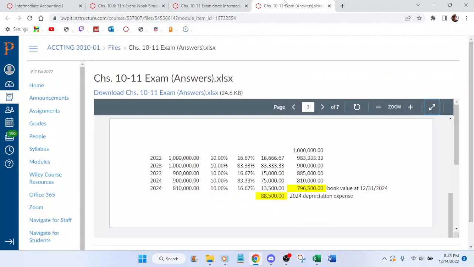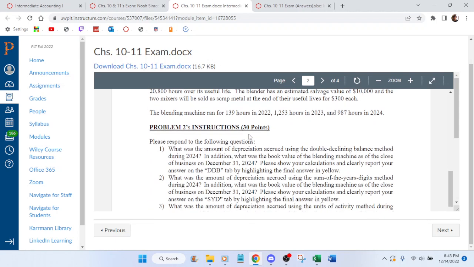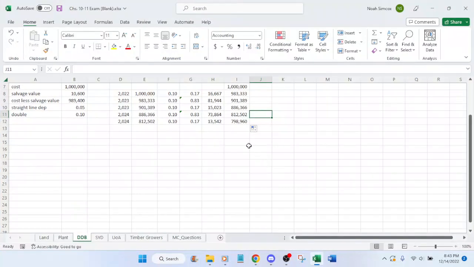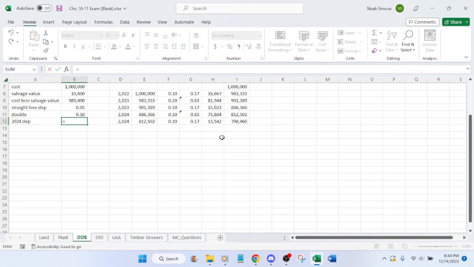What are we looking for here? What is the amount of depreciation accrued during 2024? The 2024 depreciation is equal to these two.